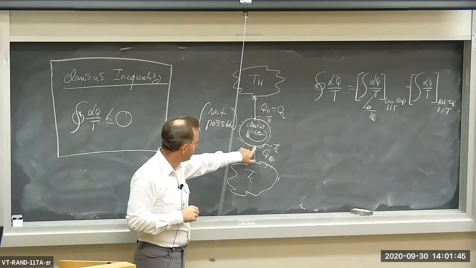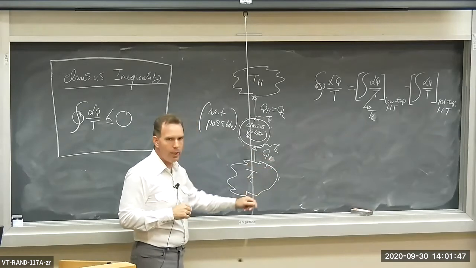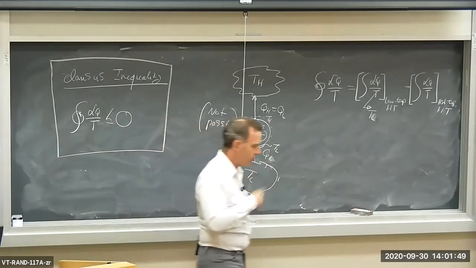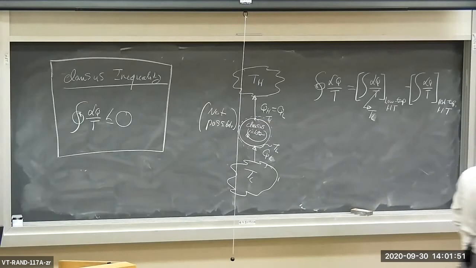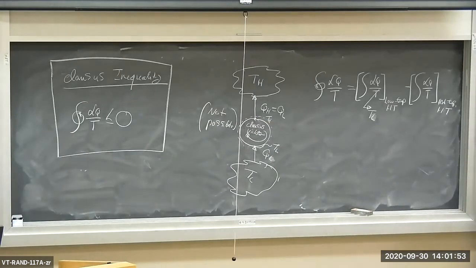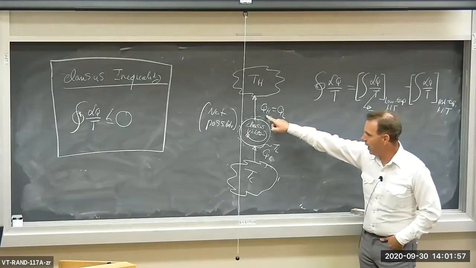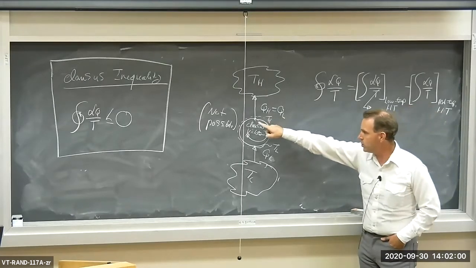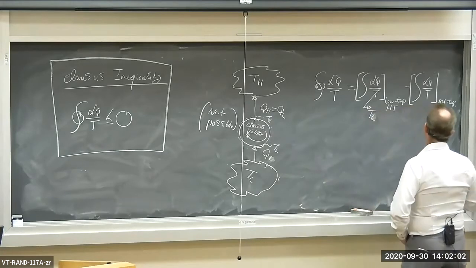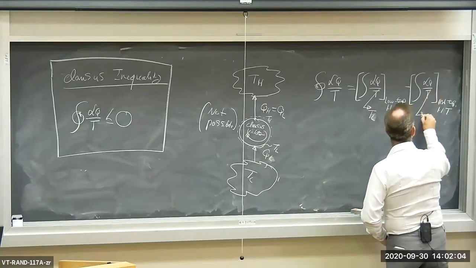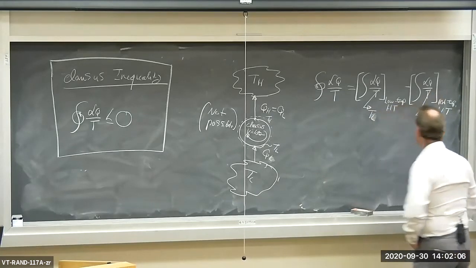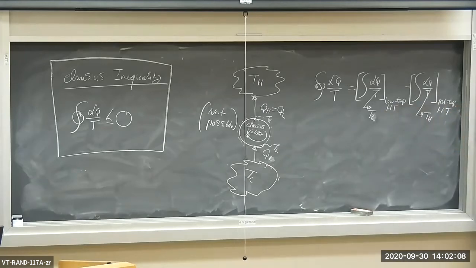The temperature here isn't changing. It's always T_L. This thing is running in a cycle, so the temperature is always the same. At the high temperature heat transfer, Q_H, the interaction temperature is T_H, and that's constant.